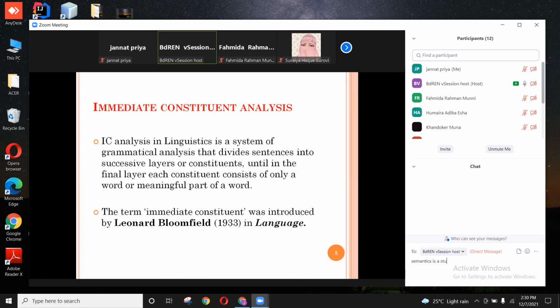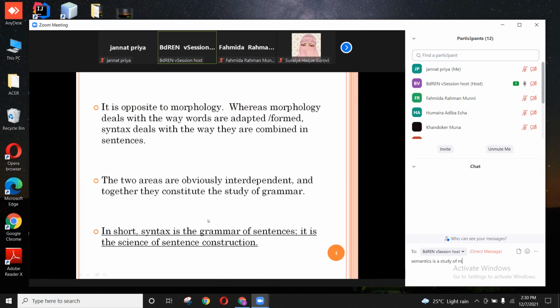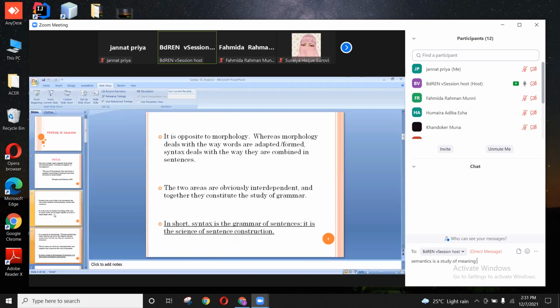Now we will be looking at some syntactic models.